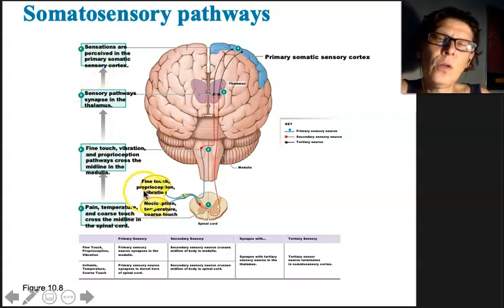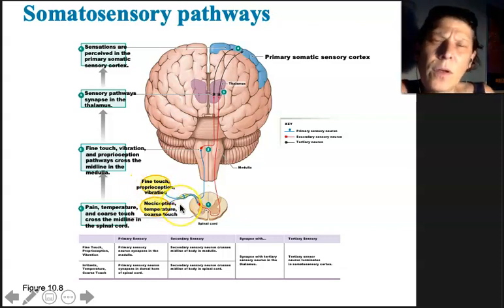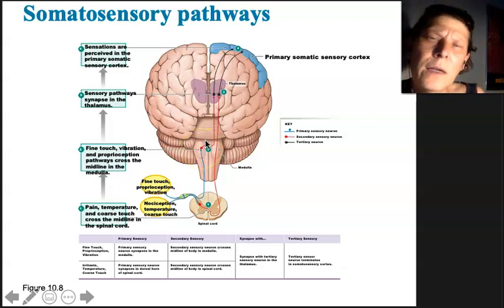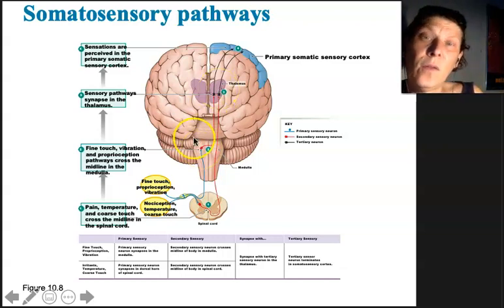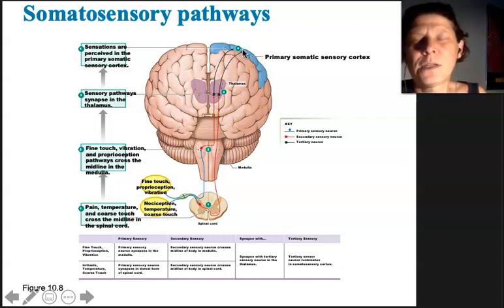So when you take a look at touch and vibration, most of those sensory signals are sent along on the same side of the receptor, along the spinal cord, and then they cross over in the brainstem, specifically in the medulla oblongata, where this is now the secondary neuron to the thalamus that has already crossed over, and from the thalamus to the somatosensory cortex.